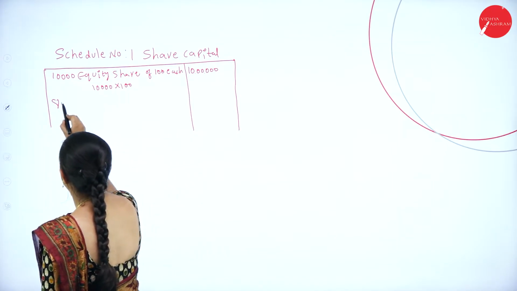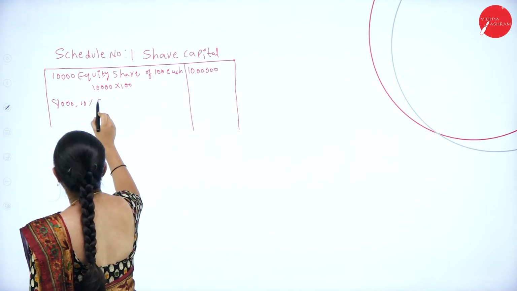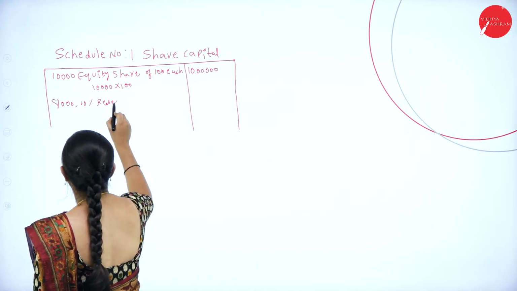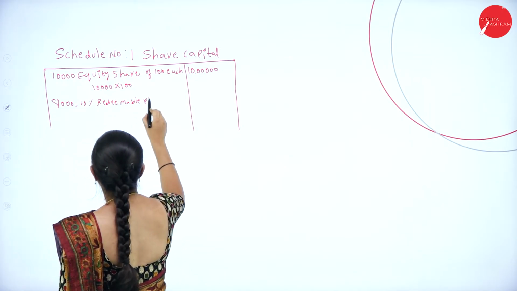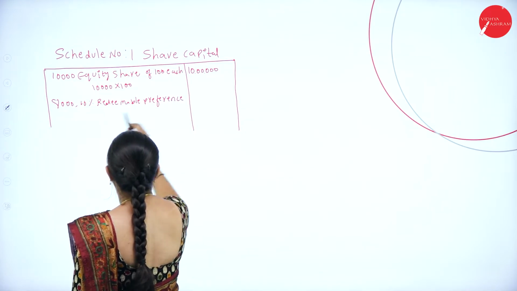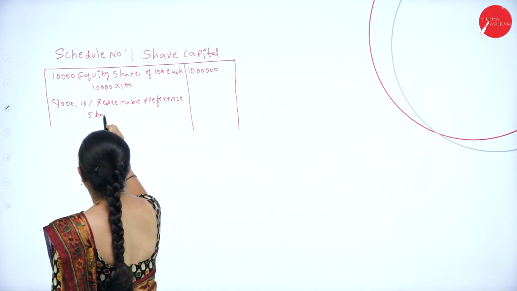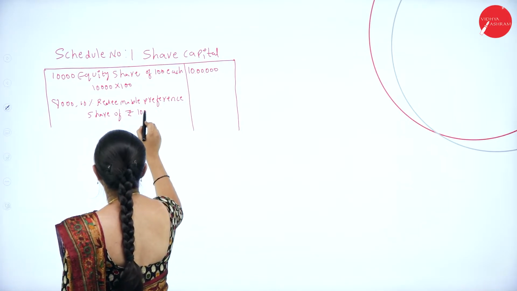Next, 8,000 10% redeemable preference shares of rupees 100 each.